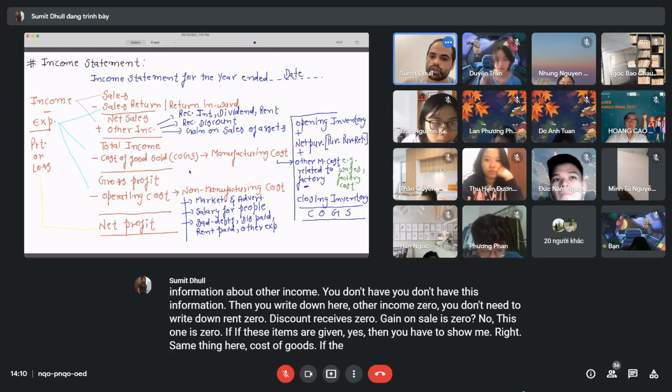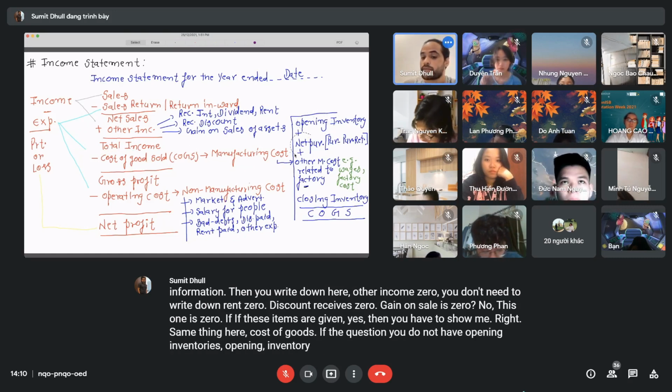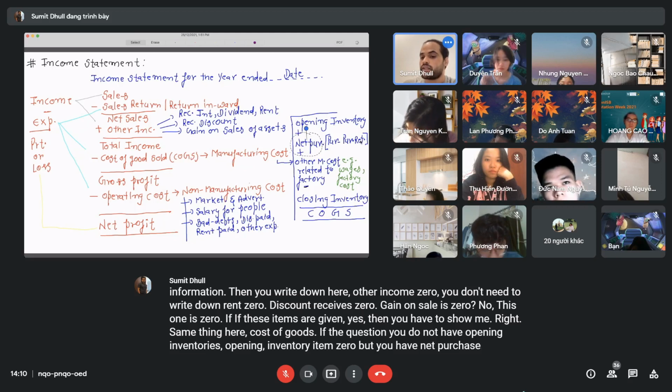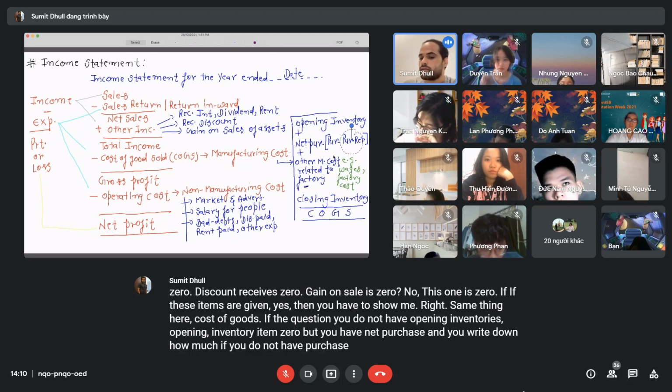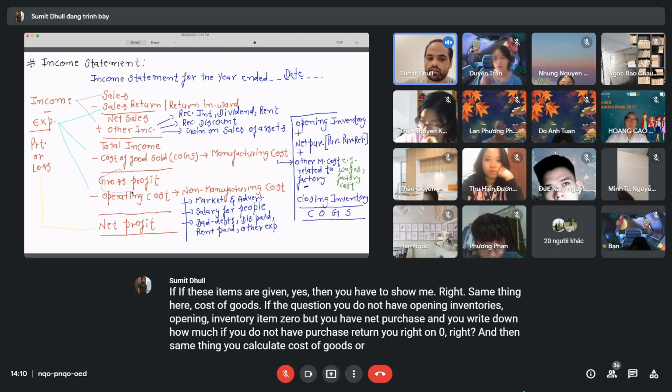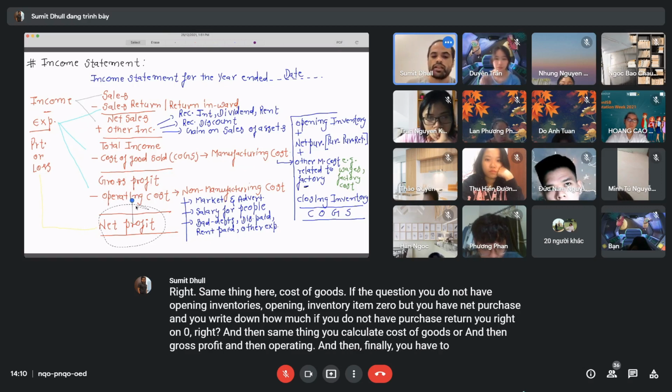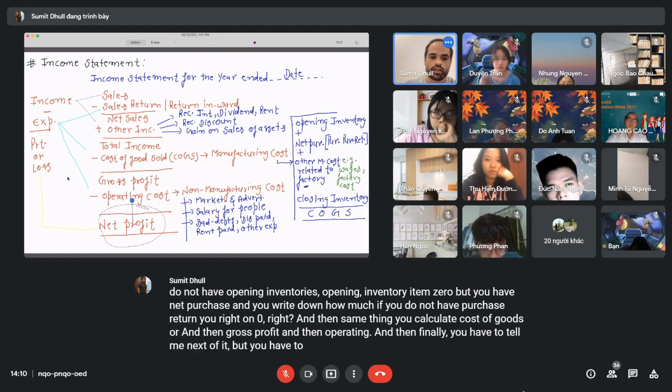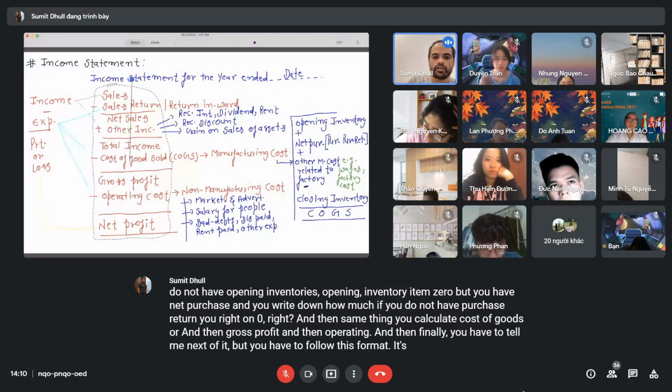If in the question you do not have opening inventory, you write down 0, but if you have net purchase, then you write down how much. If you do not have purchase return, you write down 0. And then same thing, you calculate cost of goods sold, then gross profit, then operating cost, and finally you have to tell me net profit. But you have to follow this format. It's a very important format.